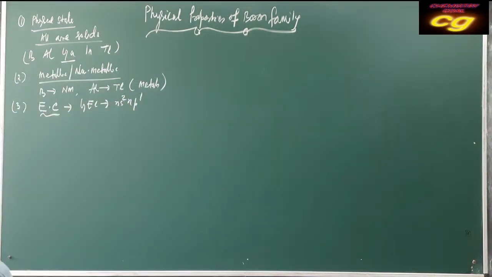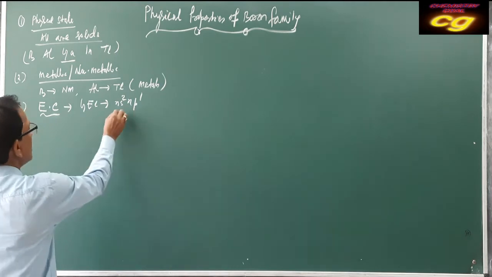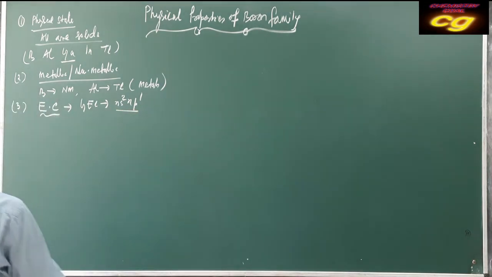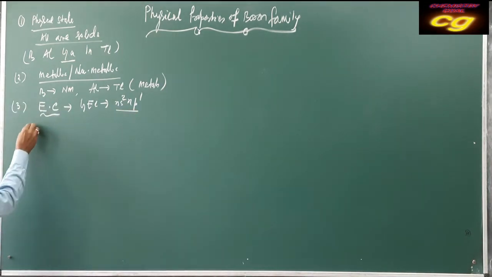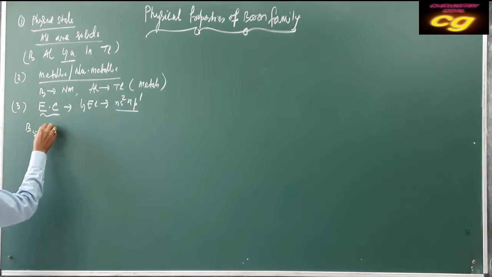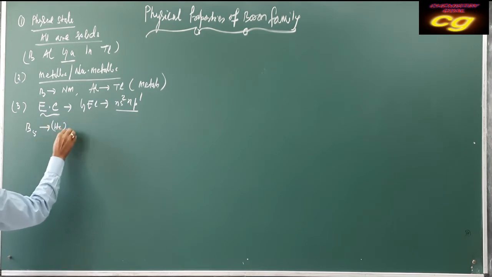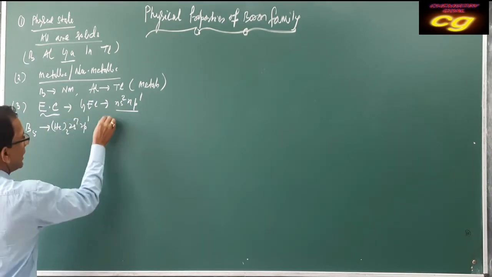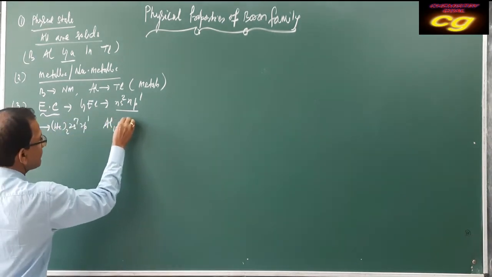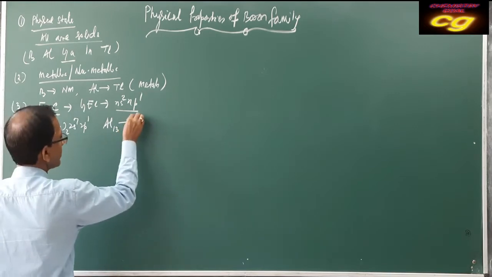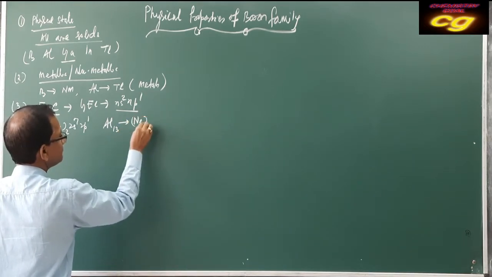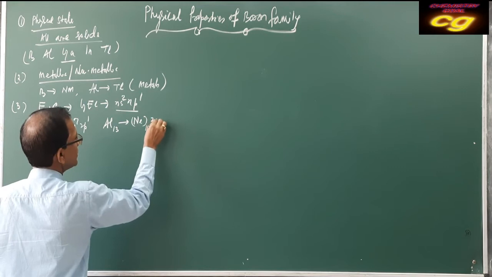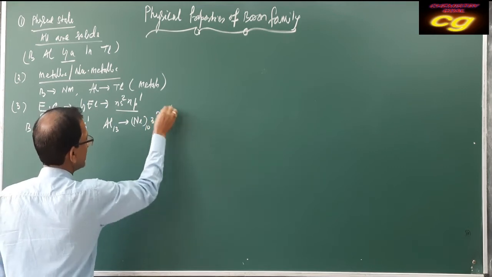If you see the configuration, boron, that is 5, can be written as helium 2s2 2p1. Aluminium 13 can be written as neon 3s2 3p1.